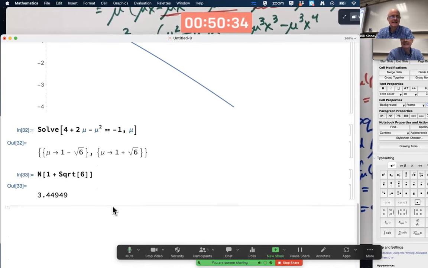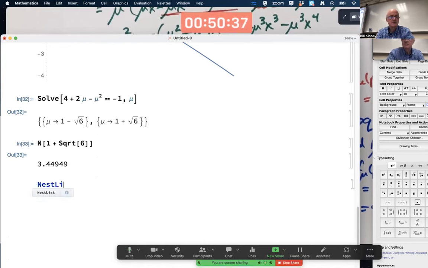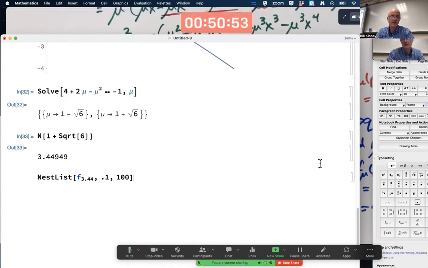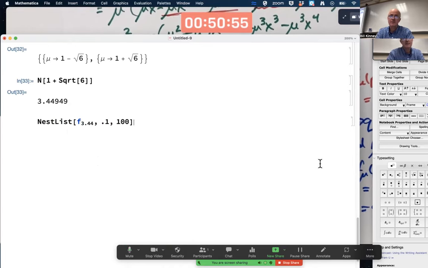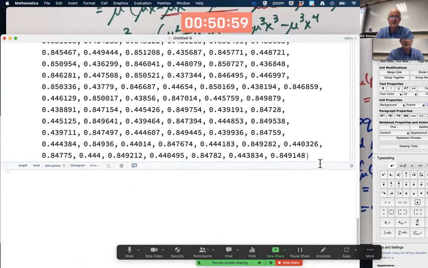If we did NestList of F, let's just do slightly less than the bifurcation value, say 3.44. We should observe an attracting period 2 point going back and forth between about 0.44 and 0.85.